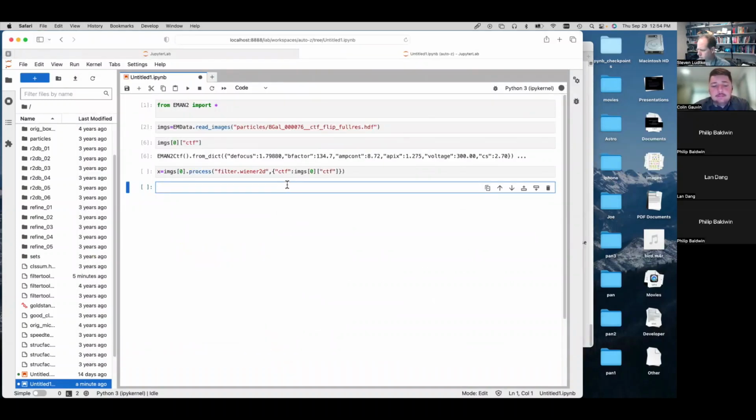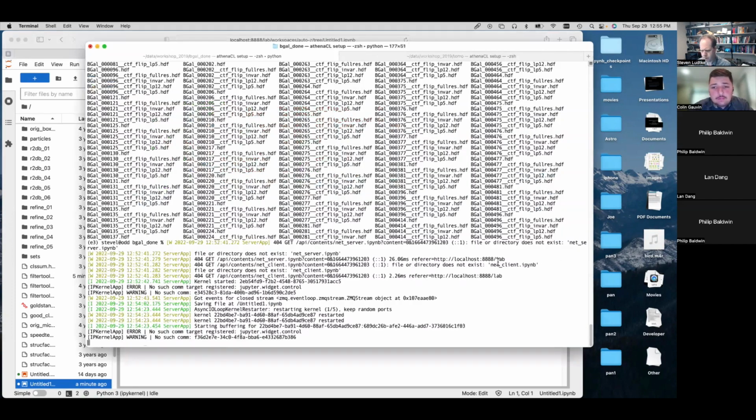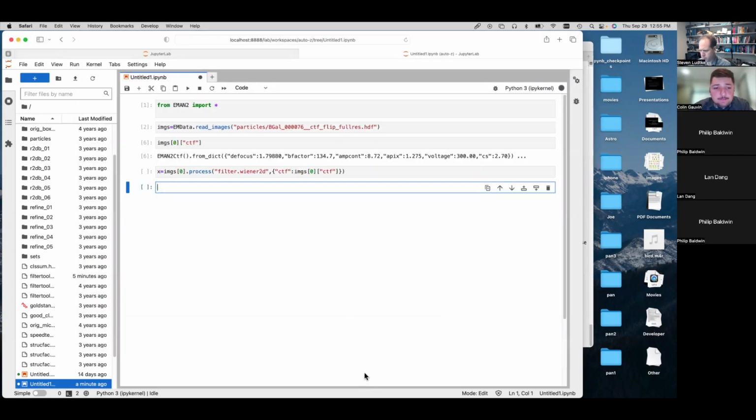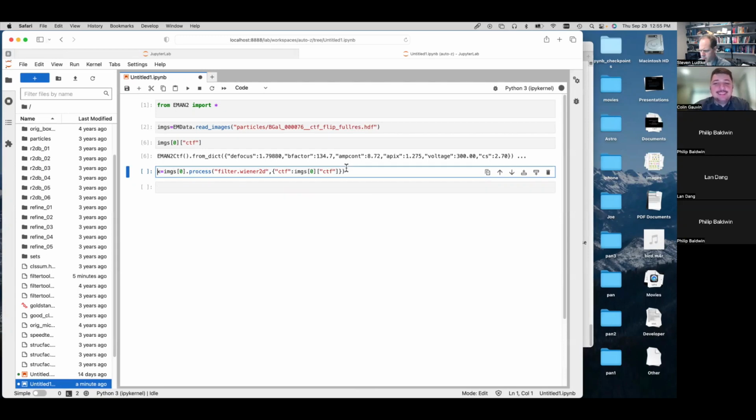I have no idea why the Wiener filter is crashing on us. I know I've used this before, so it should be functional. Well, all right. I don't want to get back into another debugging session today.